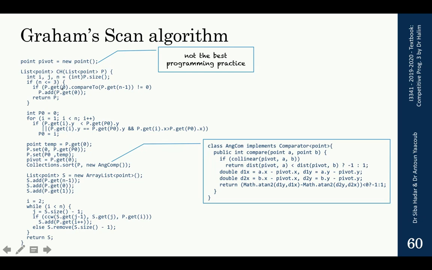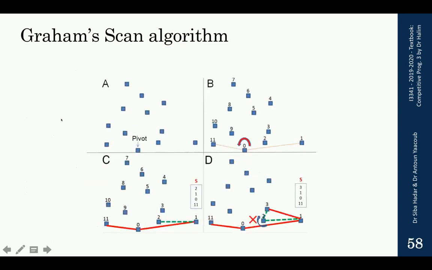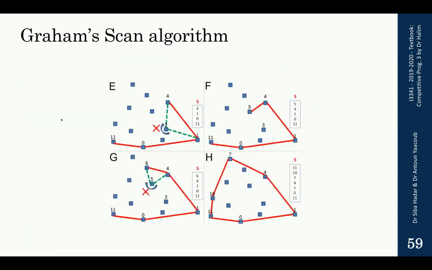All the triangles are convex. So all we do is add the first point as a last point and we return P, and this is the convex hull. This is a special case. In case it is not a triangle, we need to calculate the convex hull as described in the slides here.